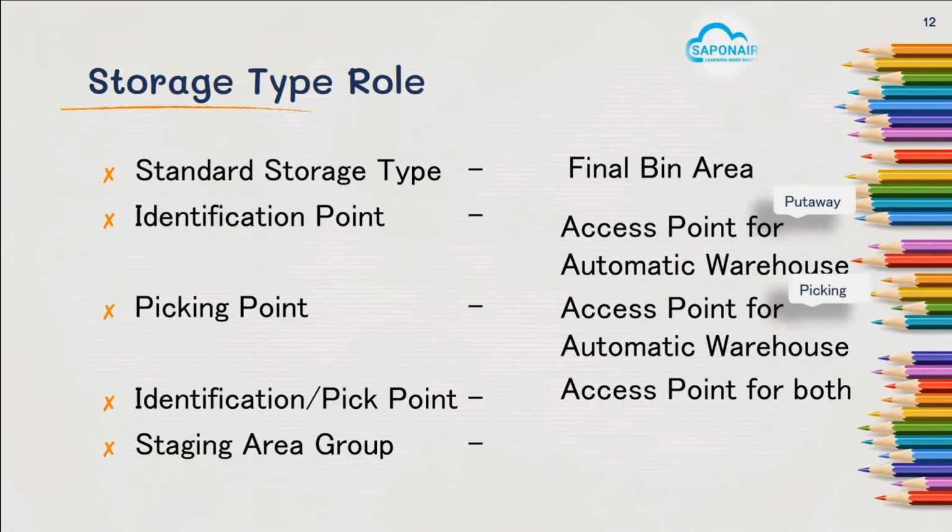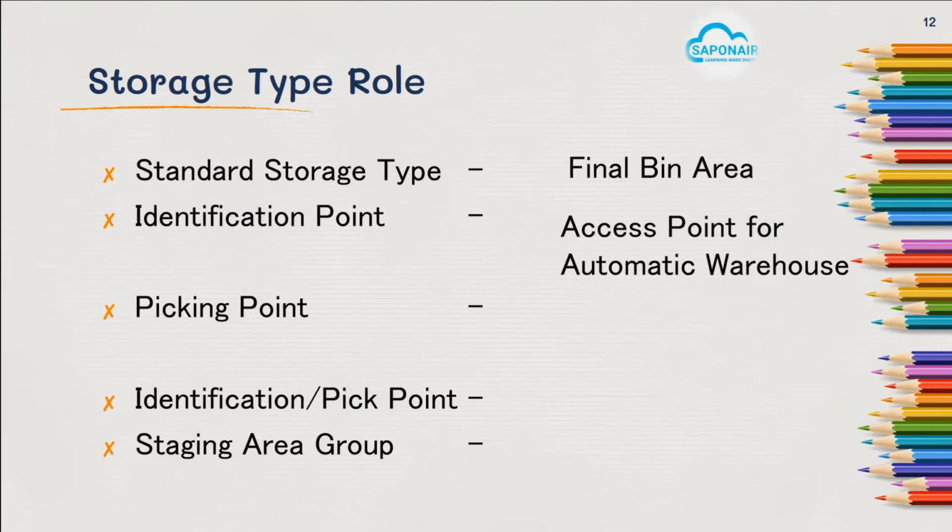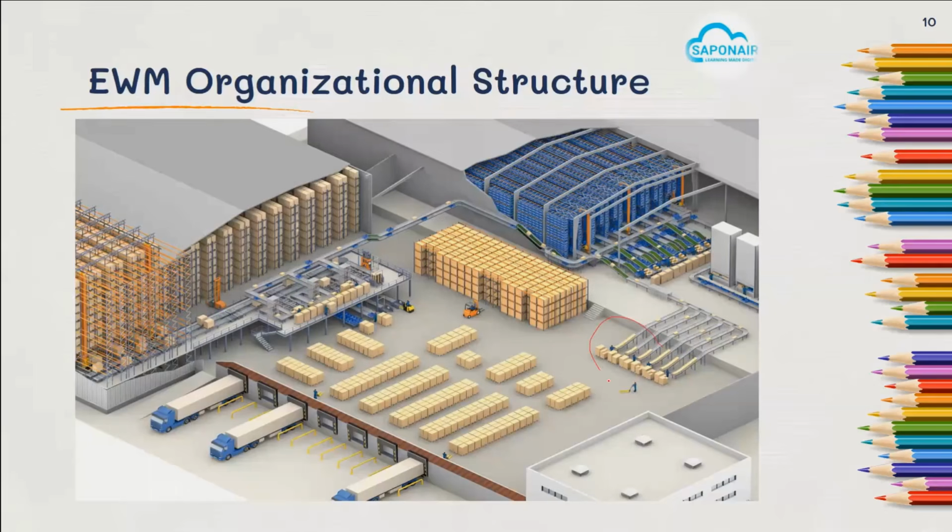You understand, right? What is an identification point? Can you read this? It is an access point for the automated warehouse. So I'm loading it here. I can create one storage type to have full transparency and full visibility of my stock.